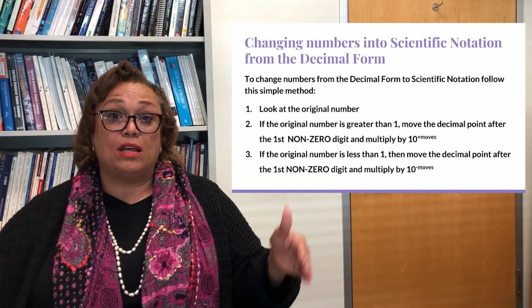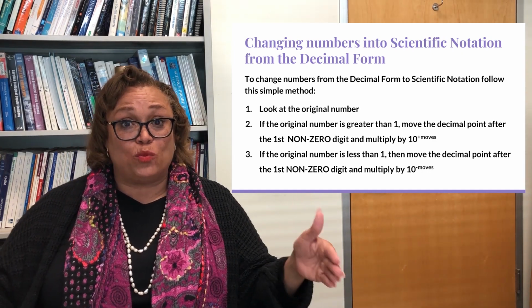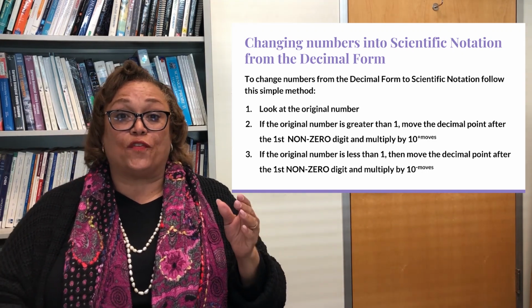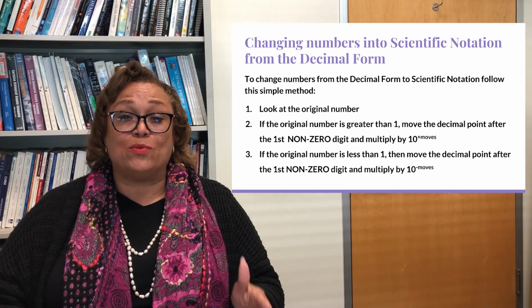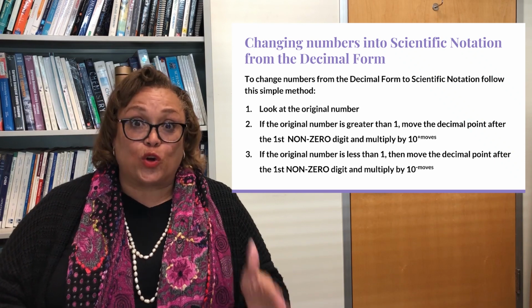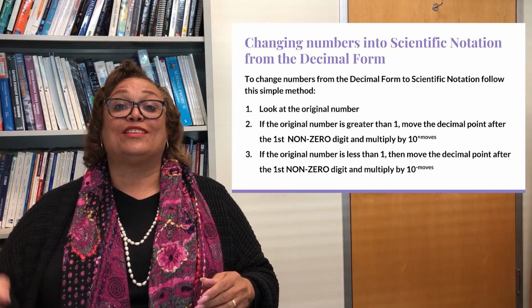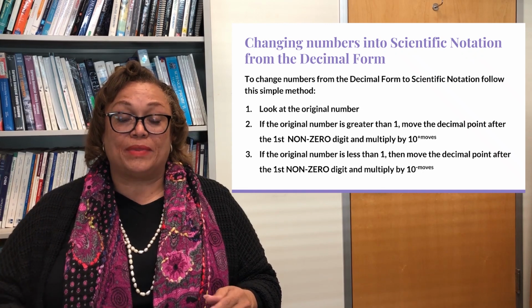You get that? Large number, bigger than 1, you just move that decimal point behind the first non-zero digit, and then multiply by 10 to the positive moves.